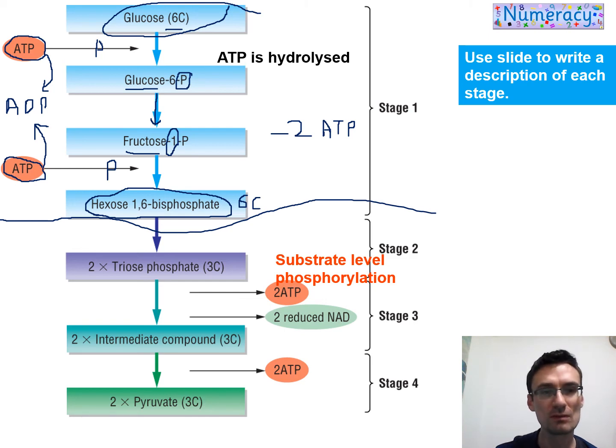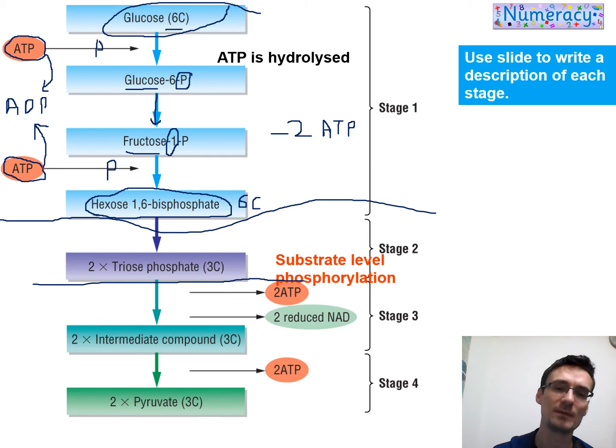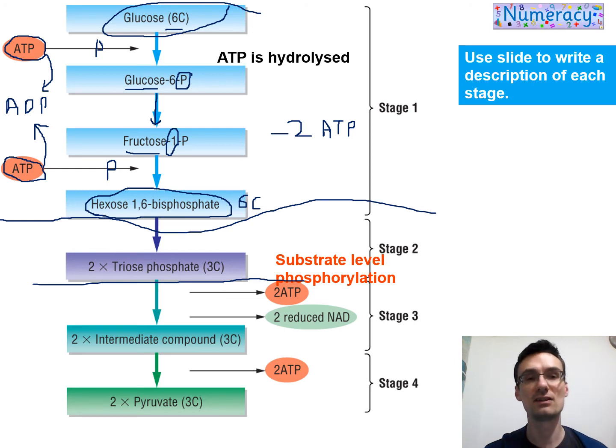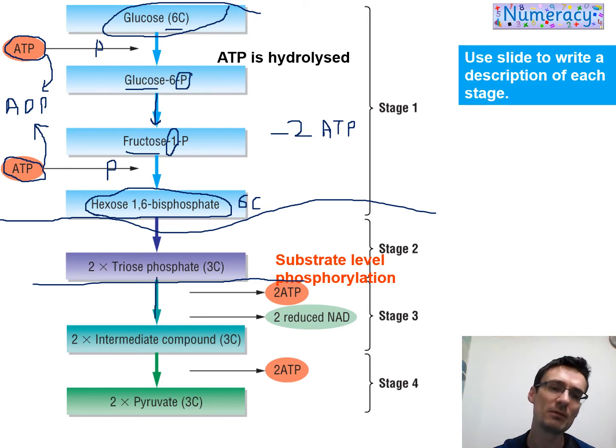So the molecule splits to make 2 loads of triose phosphate, and triose phosphate is a very unstable structure. So the triose phosphate is broken down through a series of intermediate products, which you don't need to know, and then they get turned eventually into 2 pyruvate molecules, and this is where oxidation occurs.